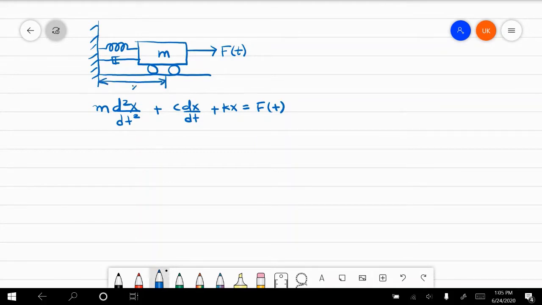This is x. So this is a second order differential equation because the highest order derivative is of the second order. It takes the name after the highest order derivative.